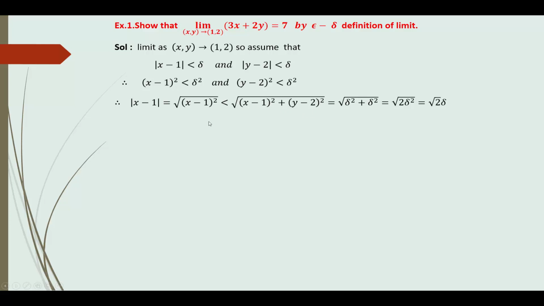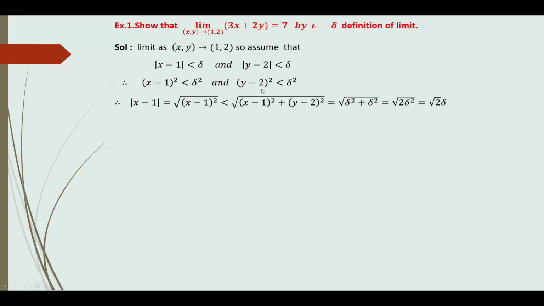This value is bigger because it contains two terms and the other is a single term. Now (x minus 1) squared is delta squared and (y minus 2) squared is also delta squared. The square root of delta squared plus delta squared is the square root of 2 delta squared, which is root 2 times delta. So mod of x minus 1 is less than root 2 delta.